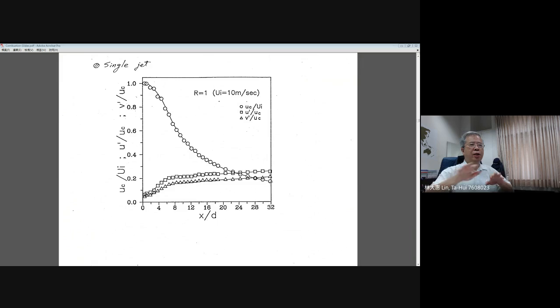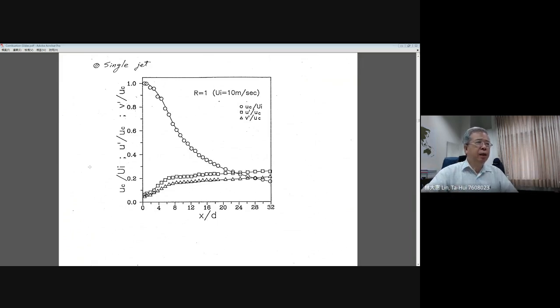This tells you the axial momentum is reduced. When you move to the downstream side, that momentum will convert to radial momentum to extend your jet area to the outer surroundings.